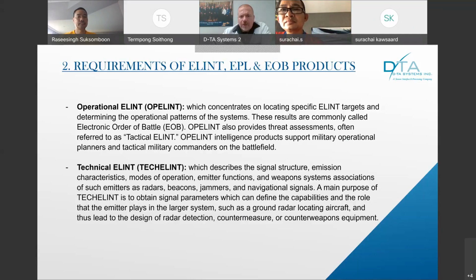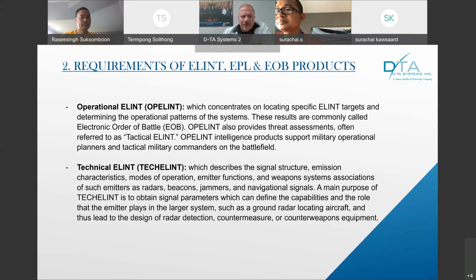These results are commonly called electronic orders of battle, or EOB. OP-ELINT also provides threat assessment, often referred to as tactical ELINT. OP-ELINT intelligence products support military operational planners and tactical military commanders on the battlefield.